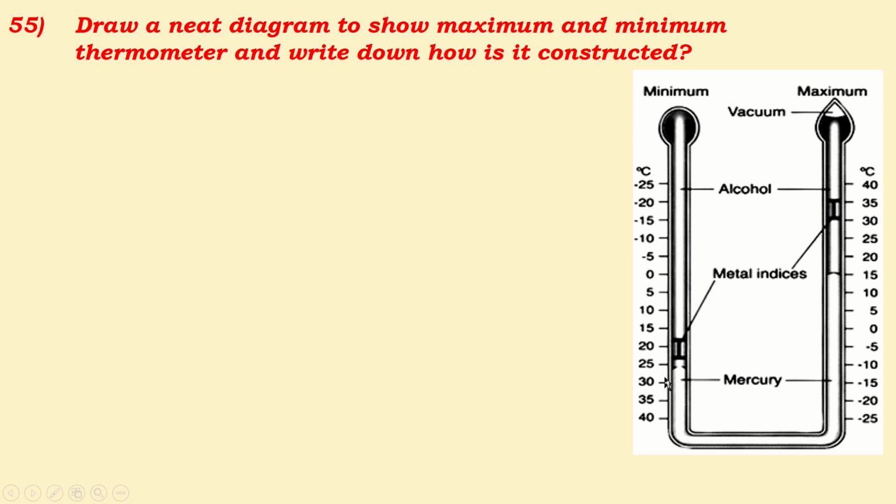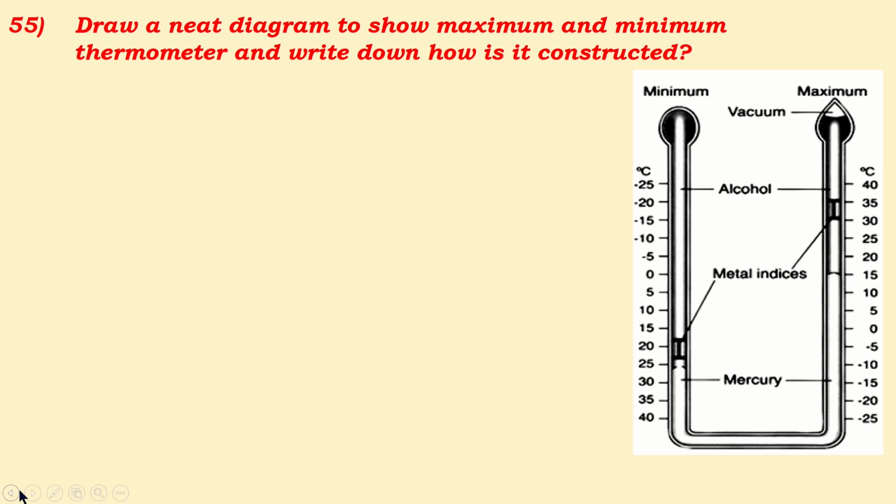Alcohol vapor is also there, and there is temperature scale. It is here in the ascending order from top to down, and it is here in the descending order from top to down. And here we have metal indices, two metal indexes. This metal index gives the value of maximum and minimum temperature.